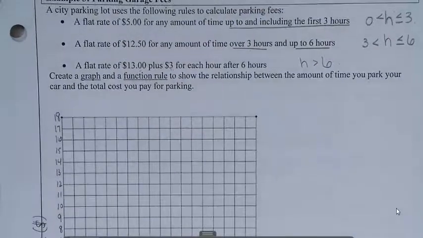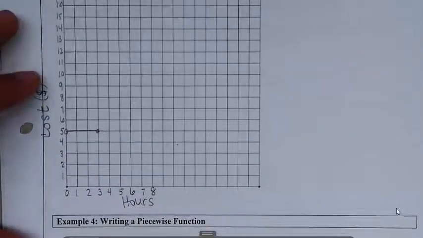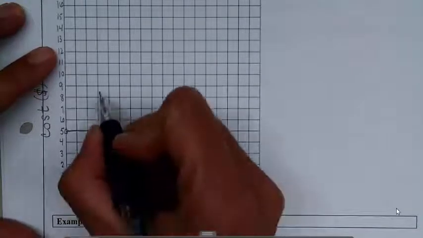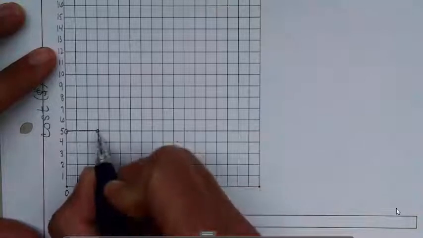Second piece, a flat rate of $12.50 for any amount of time over 3 hours up to 6 hours. So again, at 3 hours, I'm already paying $5.